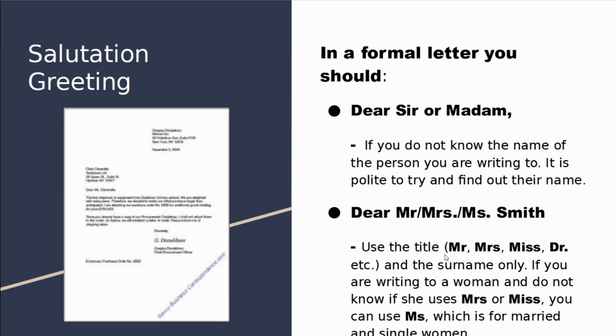We use the title, Mr., Mrs., Miss, Doctor, and the surname only. If you are writing to a woman and do not know if she uses Mrs. if she's married, or Miss if she's single, you can use Ms., which is for married and single women. Here is the greeting or salutation.